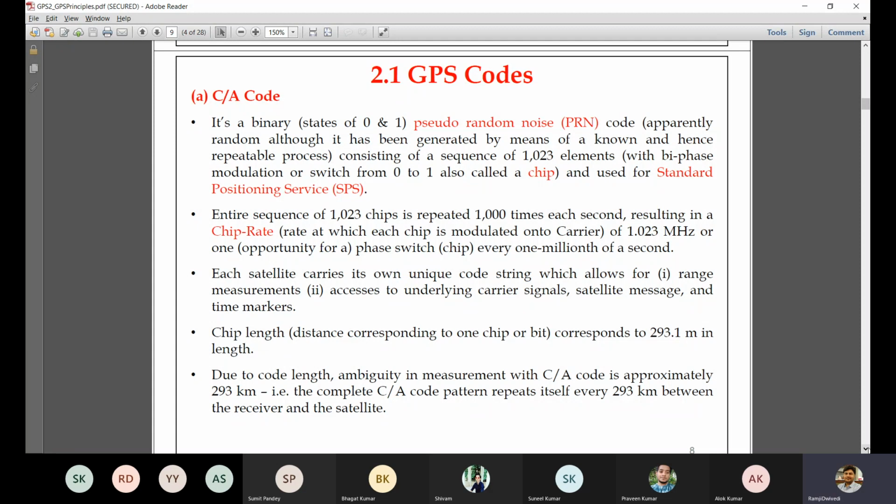Now you must be thinking that this is the chipping rate, but what is the frequency rate of the carrier cycle? It's very large, very, very large. Now understand the carrier frequency: it is 1575 point something megahertz. So it is 1500 times larger than the CA code, and 150 times larger than the P code. That means in each second, that many million cycles of one full wave repeat every second.